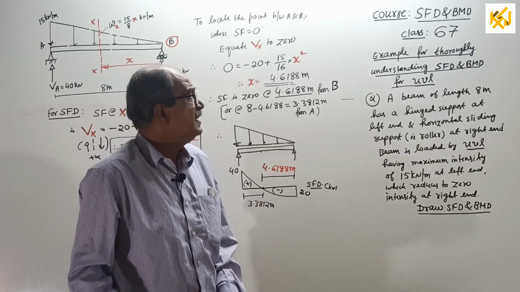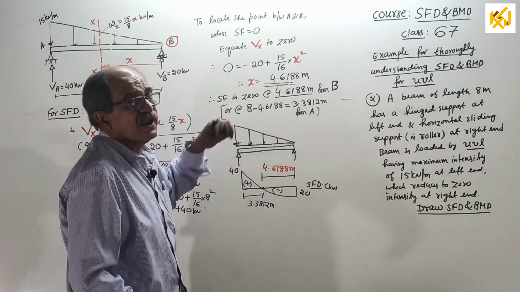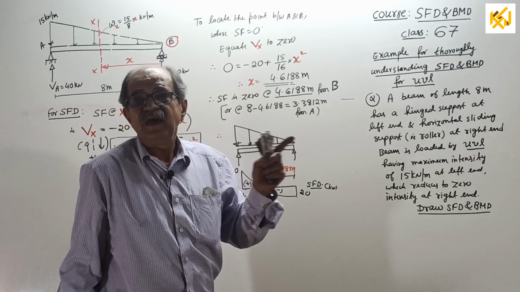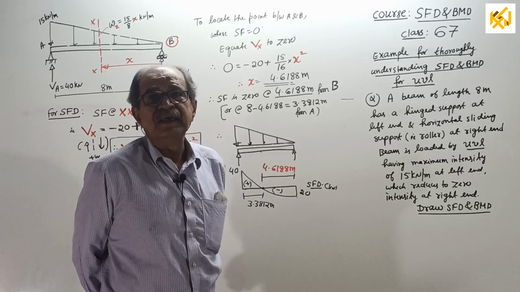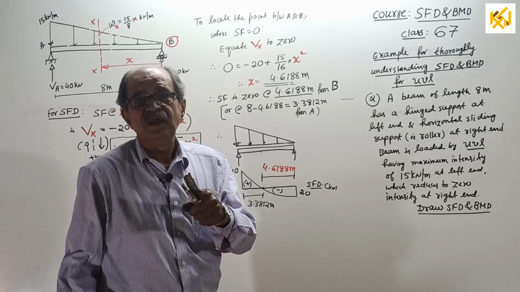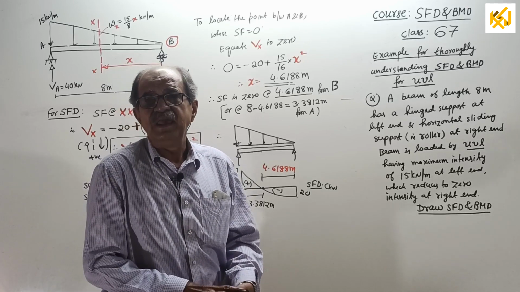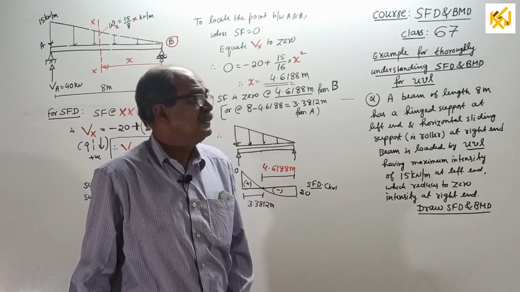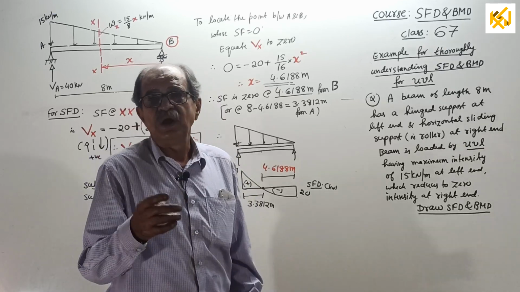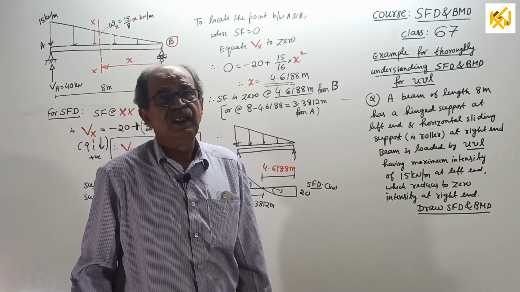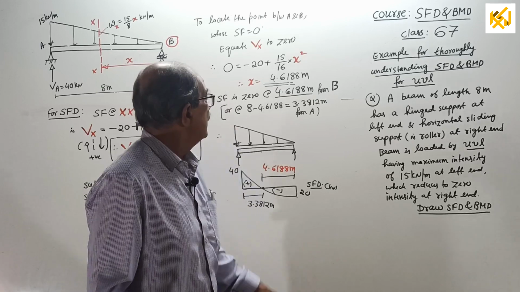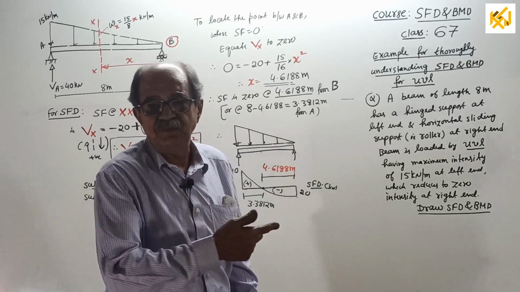Just to show you that this is actually easier and ideal. That is, going the other way is unwanted or unnecessary trouble. But I told the reason: even though it is actually not ideal, it will give you a good concept. The purpose is that one, when you have to consider a UVL represented by a trapezium. Okay. Now I will go to the next part of this one, BMD.